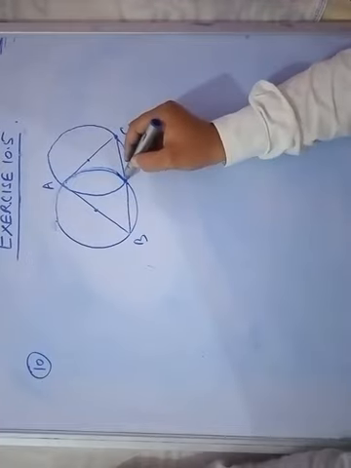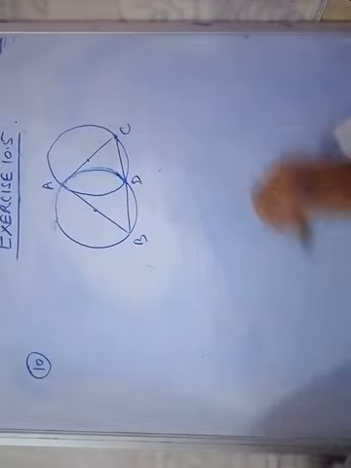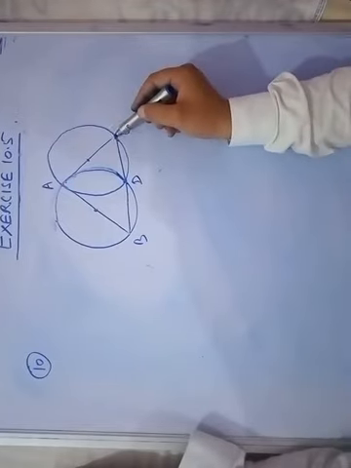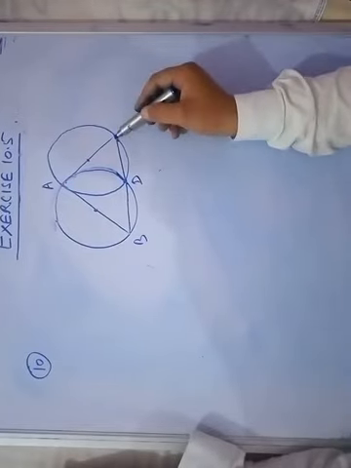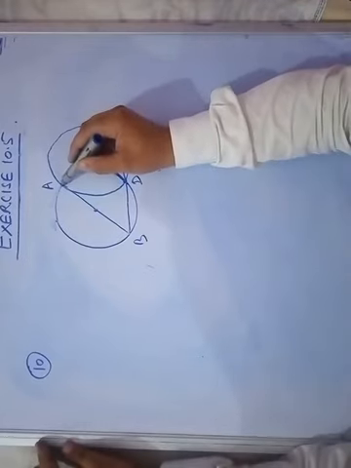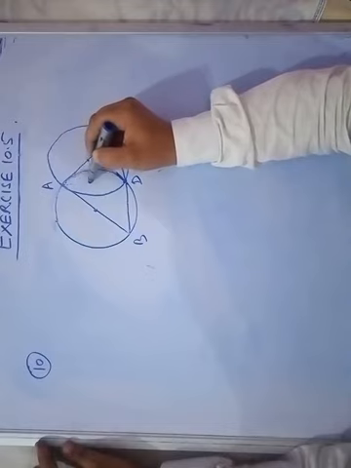Means let this be point D and we have to prove BDC are collinear.